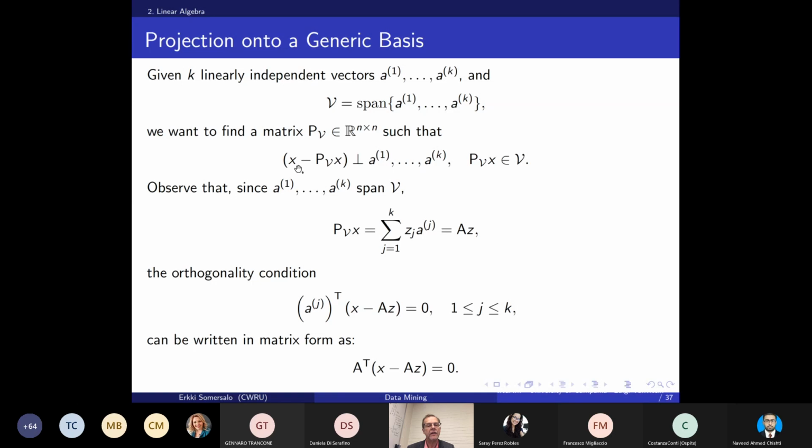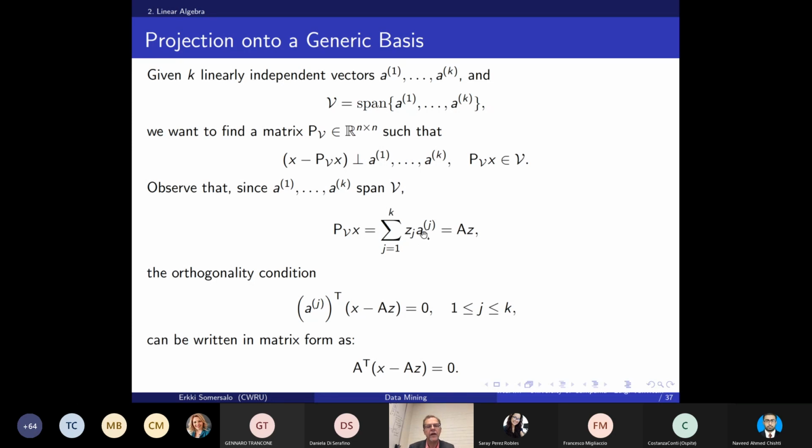So in this way, I see that x minus PV x is orthogonal to the whole subspace because it's orthogonal to any linear combination of those a's, and the linear combinations are exactly the subspace V. So I'm writing this orthogonality condition here component by component, saying first of all that PV of x, which is in the vector space spanned by those basis vectors, is a linear combination by definition of these aj vectors.